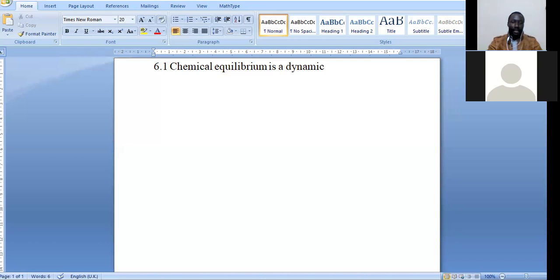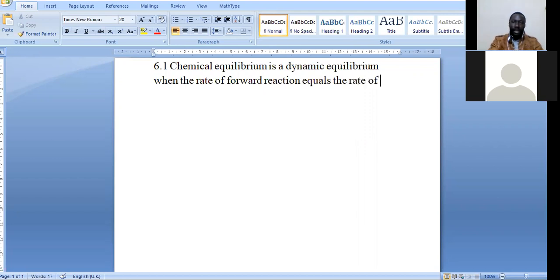So it's a dynamic equilibrium when the rate of forward reaction equals the rate of reverse reaction.